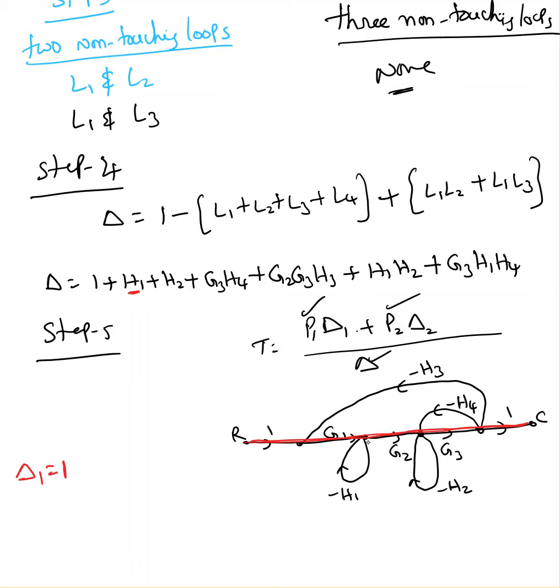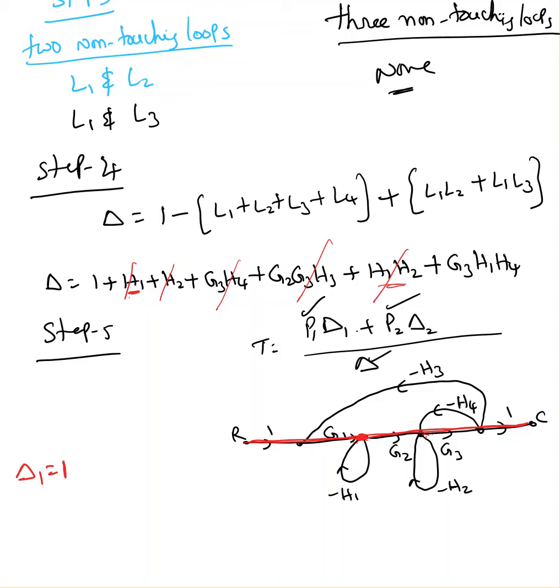H1 is not in path 1, but it is touching at the node, so eliminate that H1. Same with H2, eliminate that. Z3 H4, Z3 is there, so eliminate that. Z2 Z3, eliminate that. H1 H2, eliminate that, because those two are in that path. Z3 H1 H4, Z3 is in there, so eliminate that. Delta 1 equal to 1.